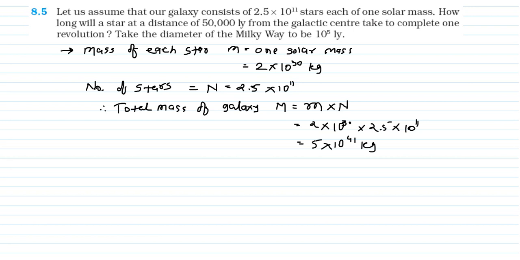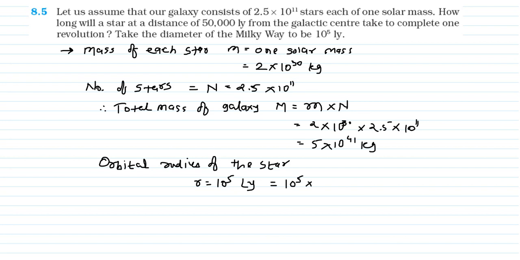That means here you can say that the orbital radius of the star, r, is equal to 10 raised to 5 light year. 1 light year is equal to 4.96 into 10 raised to 15 meter. You will have to remember this conversion.